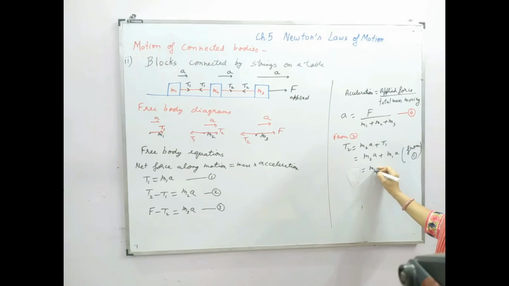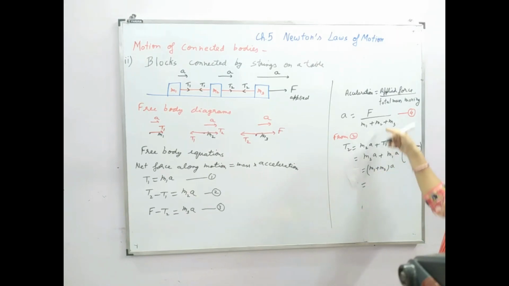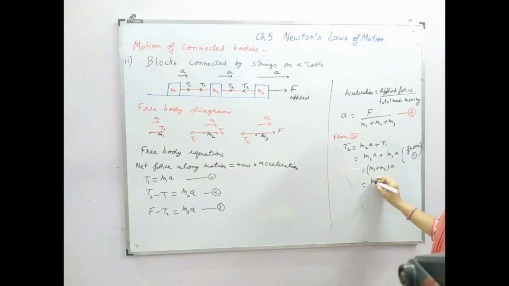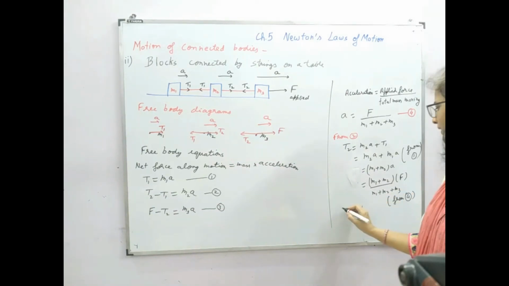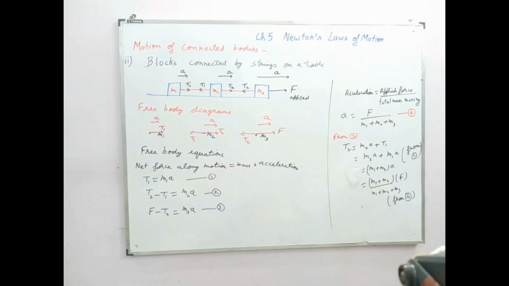Here I can write M1 plus M2 into A. Now I can replace this acceleration from equation 4. So this is M1 plus M2 upon M1 plus M2 plus M3 into F. This is from equation 4.